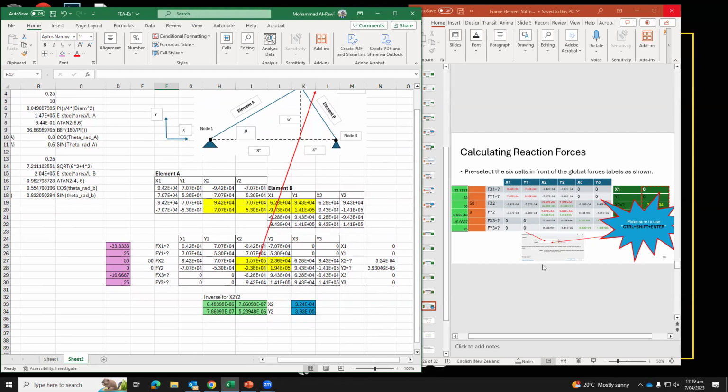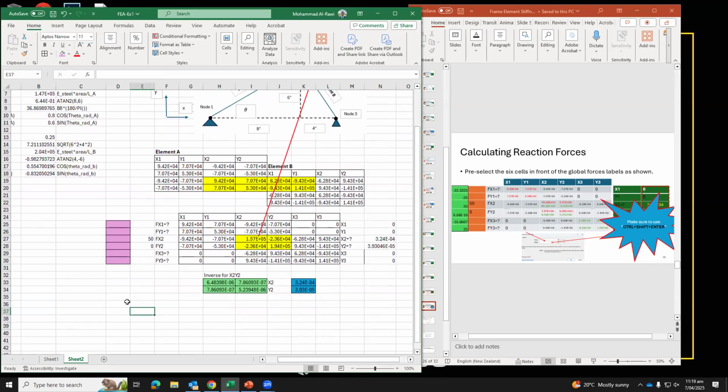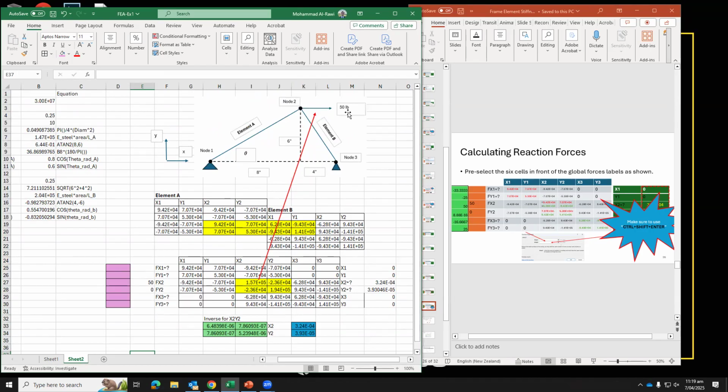Any questions so far? Again, yes, let's do that again. So I delete that table. Now I need to determine the support reaction forces. I know only there are forces, this one is 50 pounds in the X direction, nothing in the Y direction. So I highlight this table, matching this FX1 to FY3.